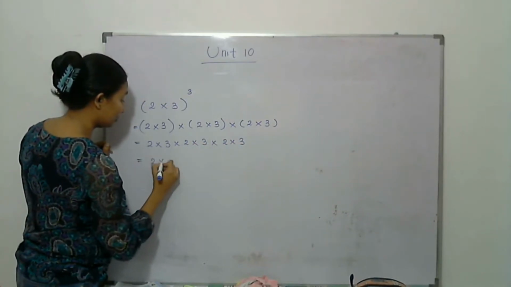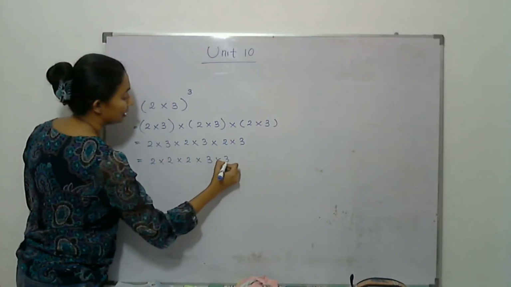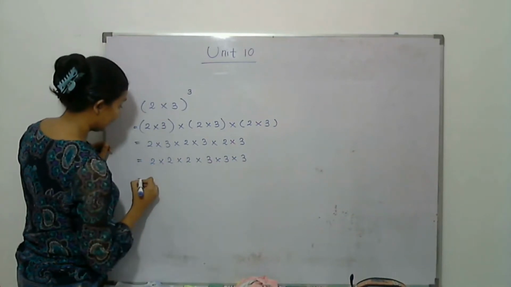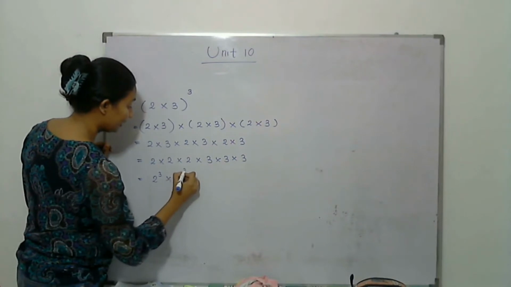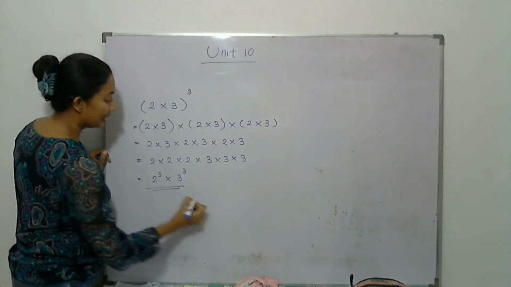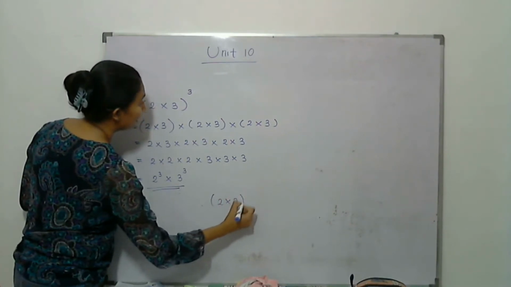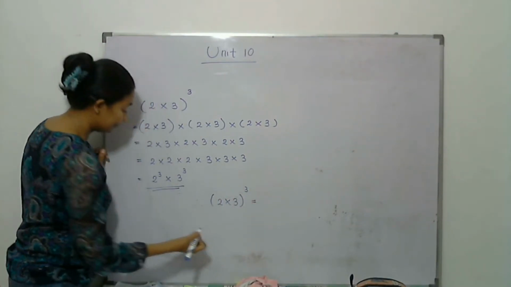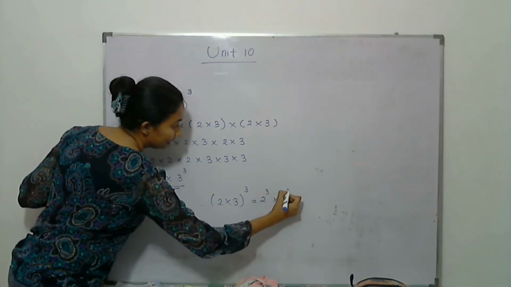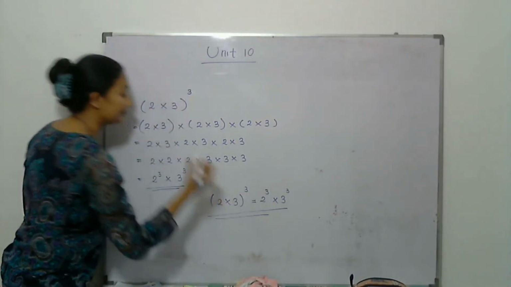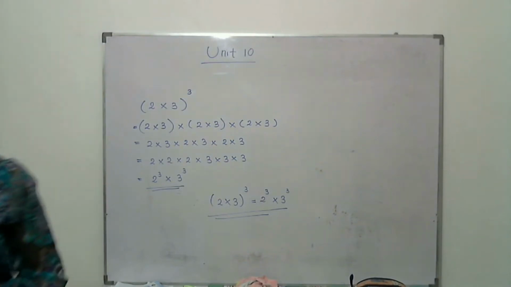Then 2 into 2 into 2 into 3 into 3 into 3. Then 2 to the power 3 into 3 to the power 3. Okay. Therefore, we can say that 2 into 3 to the power 3 is equal 2 to the power 3 into 3 to the power 3. Okay. This is your example number 2. Copy this down into your notebook.